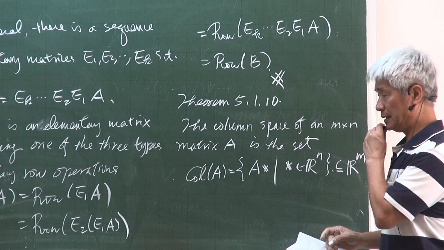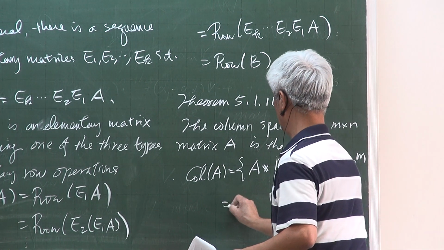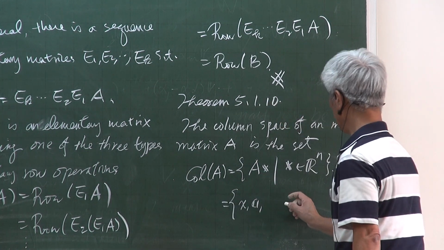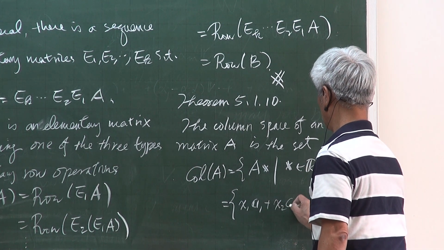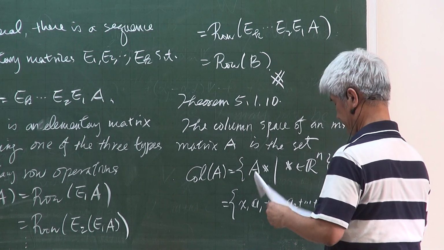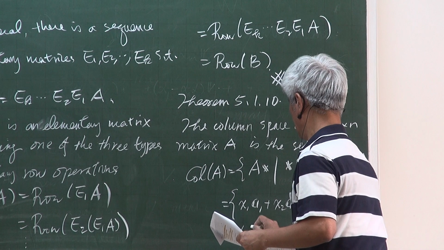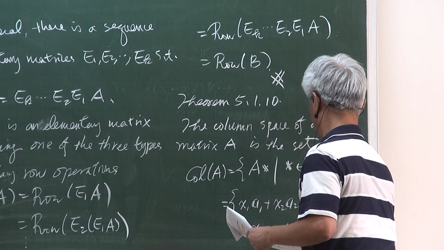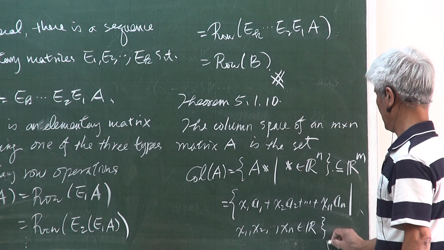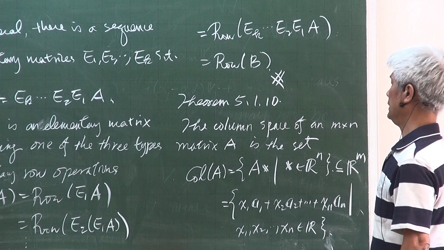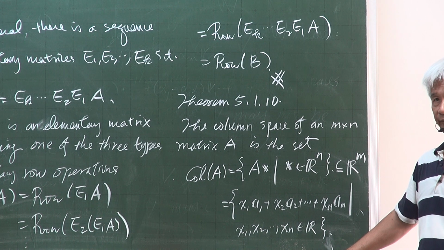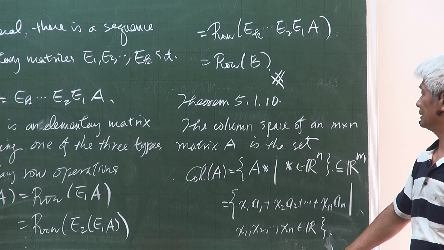So the column space is the set of linear combinations of the n columns of the matrix A. This is obvious, so I don't think I need to provide a proof. Just state it.